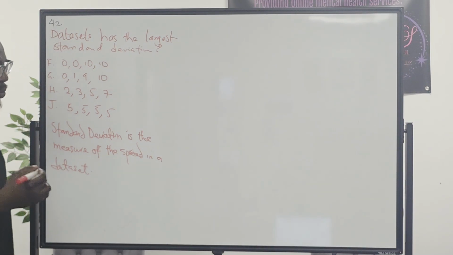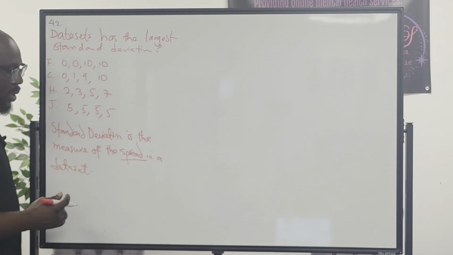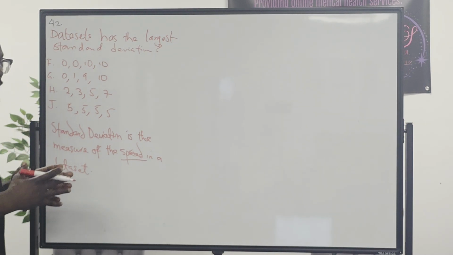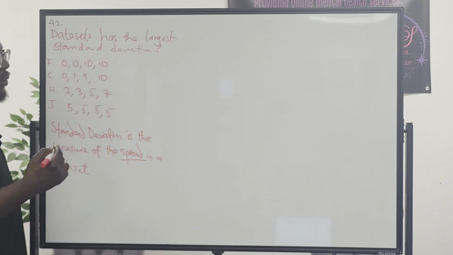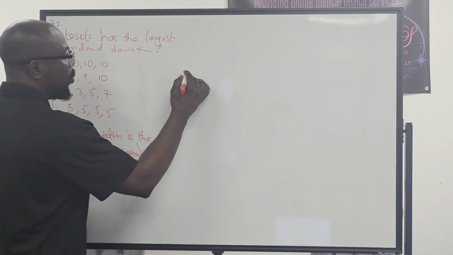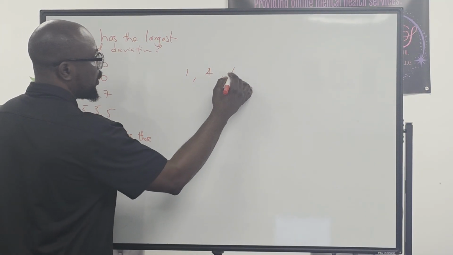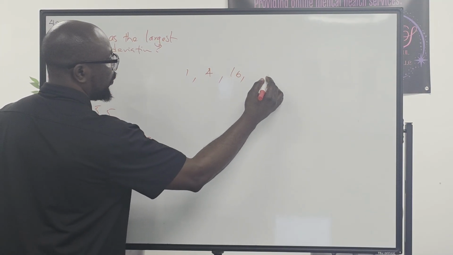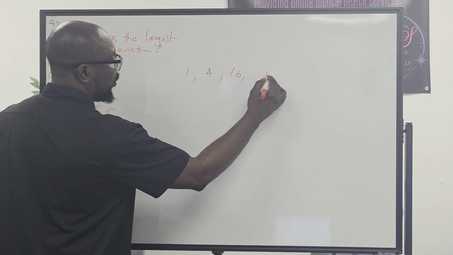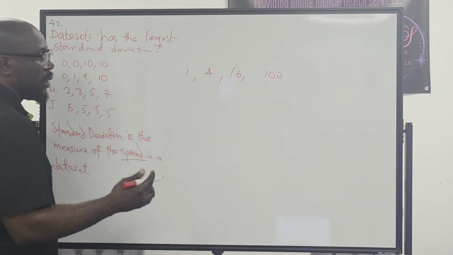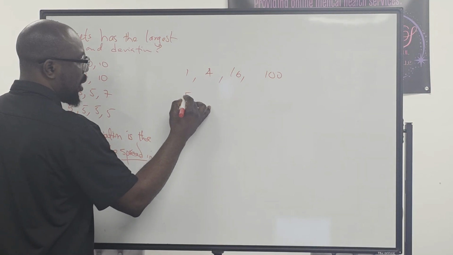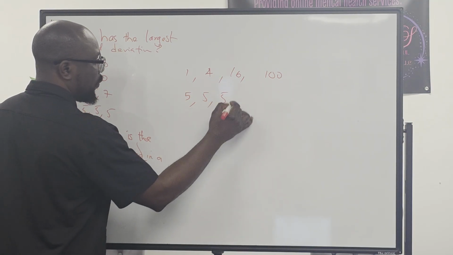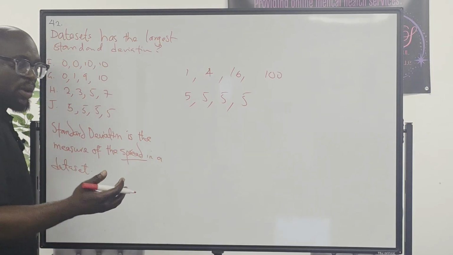When we say spread, what we mean is how far apart the numbers are. For example, if you have numbers like 1, 4, 16, 100, there's a spread here, compared to if you have numbers that are very close, say 5, 5, 5, 5. There's no spread, they're all the same thing.